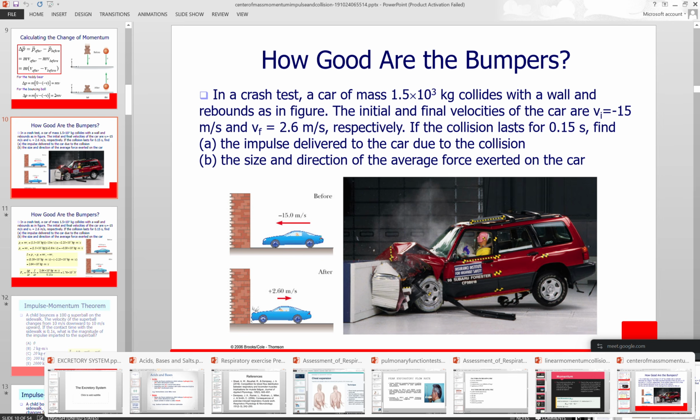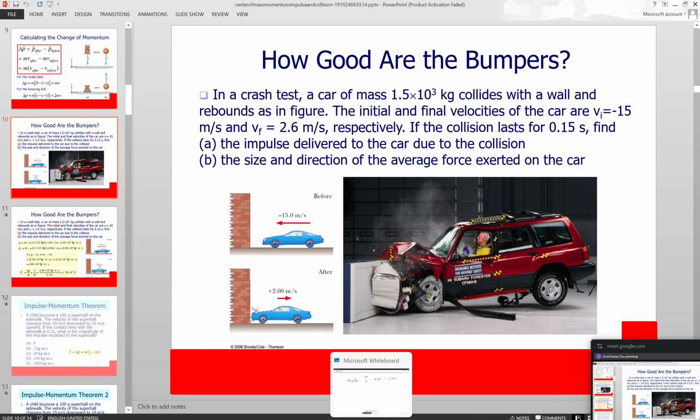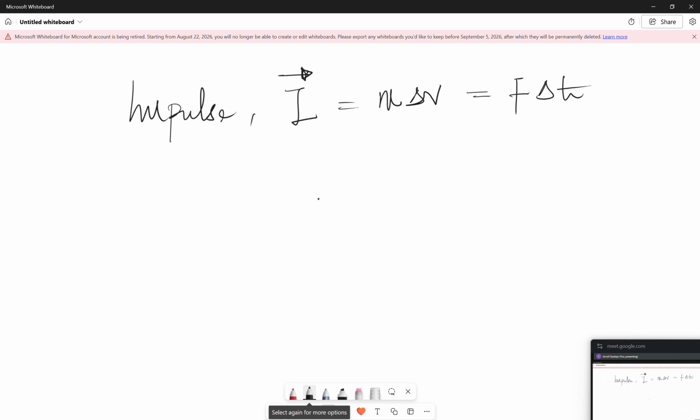So let's take a closer look at the picture. Suppose this is the wall. The object moves towards the wall with a velocity of 15 meters per second. That is the v initial.